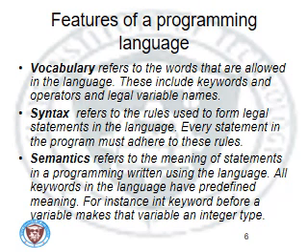Let us explain the features of a programming language one by one. We are going to start with vocabulary. Vocabulary refers to the words that are allowed in the language. They include keywords, operators, and legal variable names.